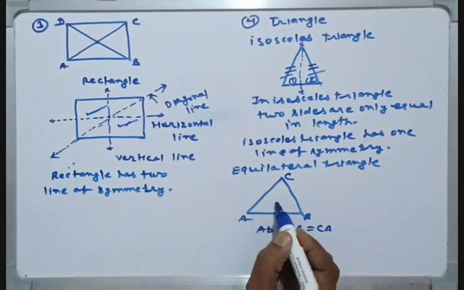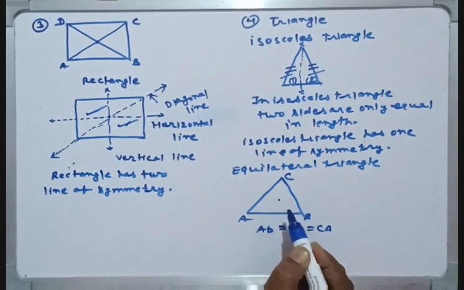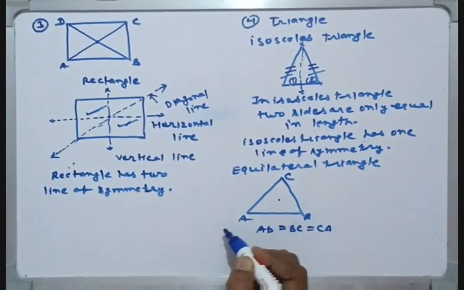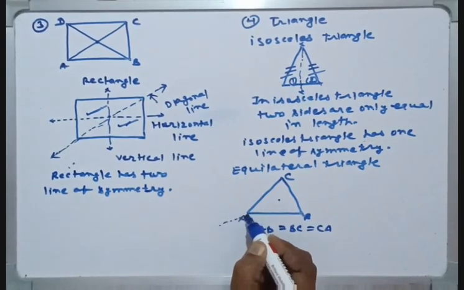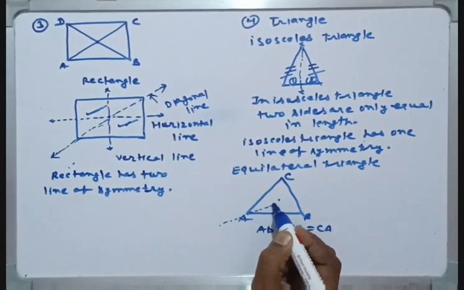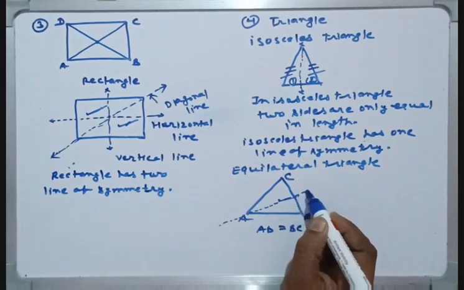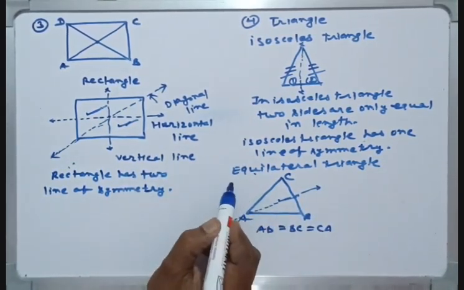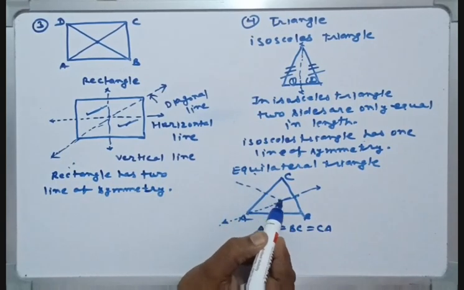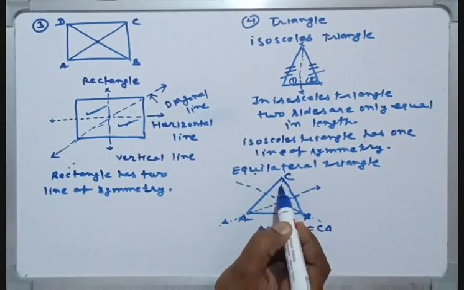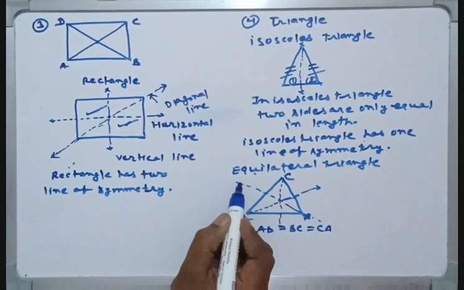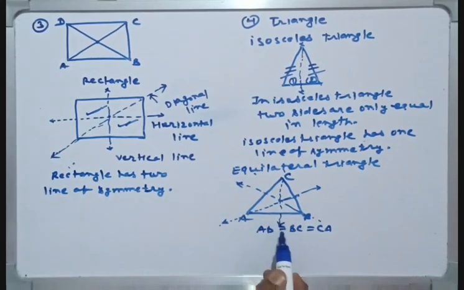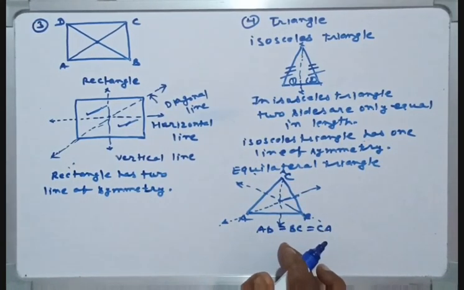Okay, so if this one is the center of the equilateral triangle, and when we pass a line like this, and when we pass another line like this and another line like this, so this one is a line, so an arrow must be on both sides.